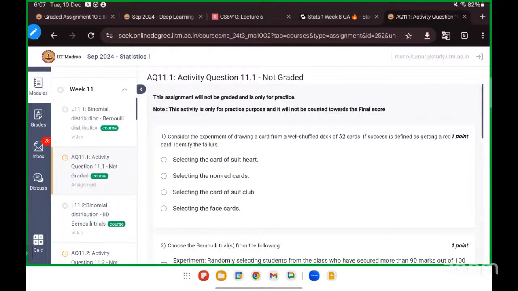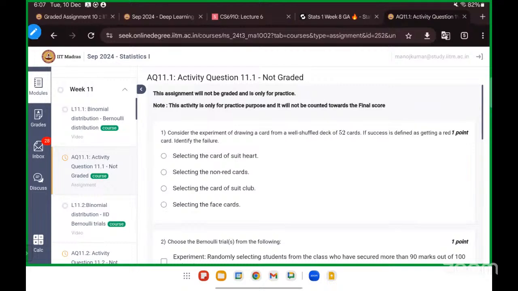Does anybody have a doubt in week activity 11.1?